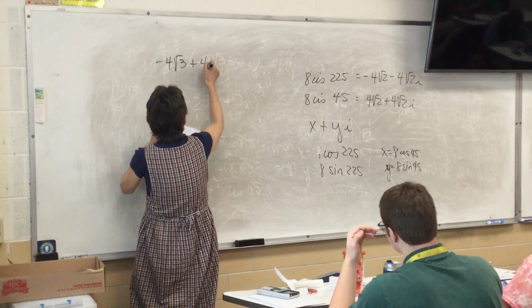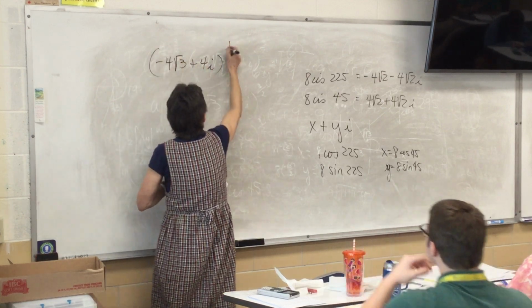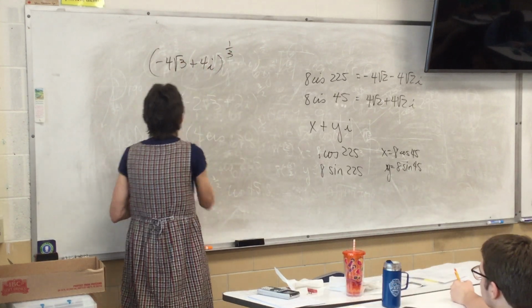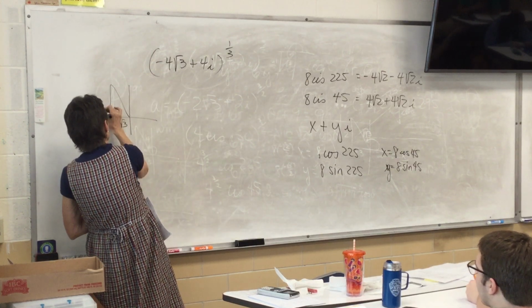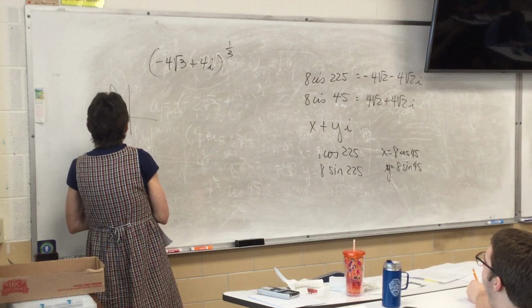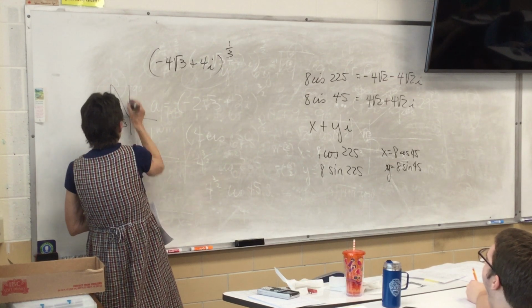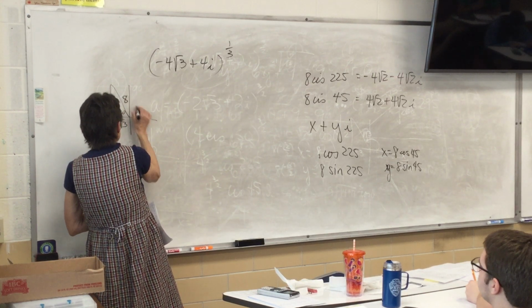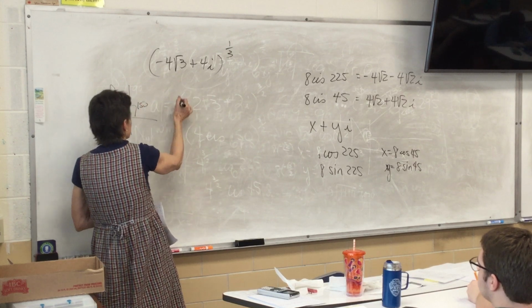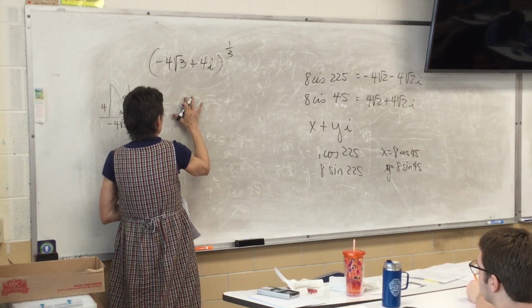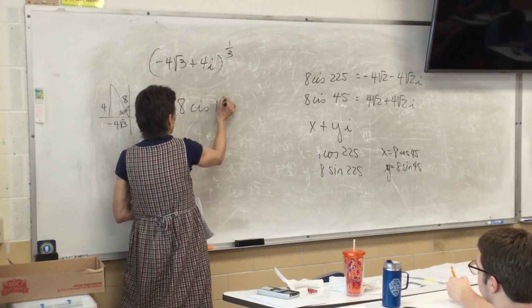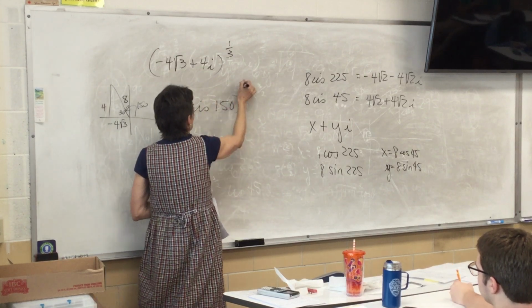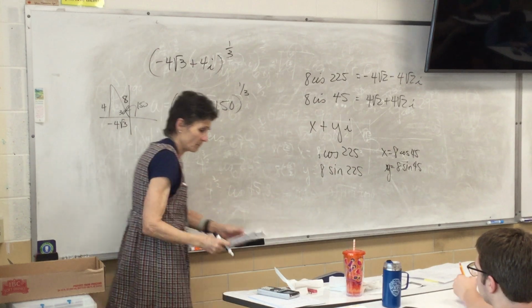What do I need to do first, Madeline? Polar. Yep. Drawing a picture there. 16, 48.8. So this is 150 also, it looks like. So it's going to be 8 CIS 150. And that's what I'm taking to the 1/3 power.